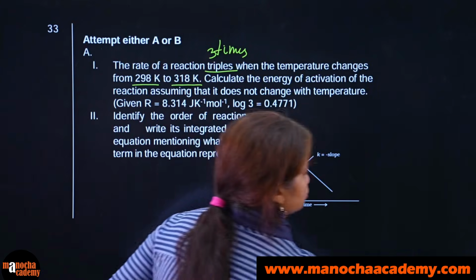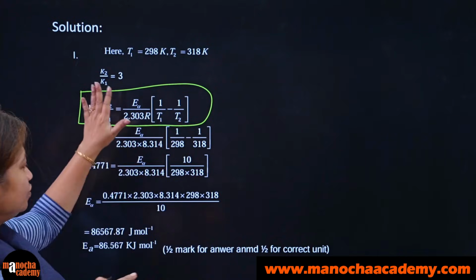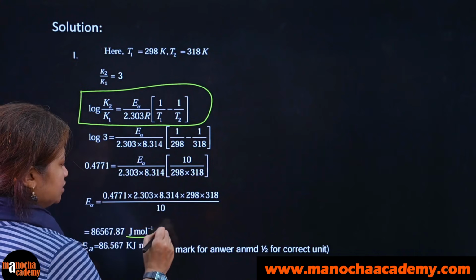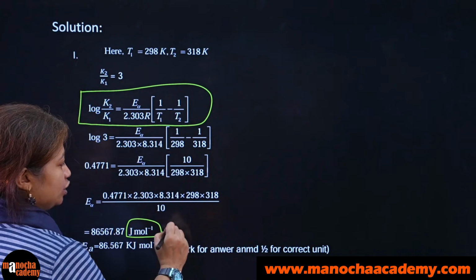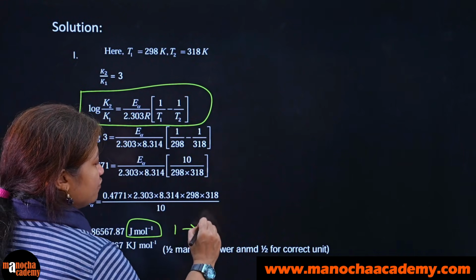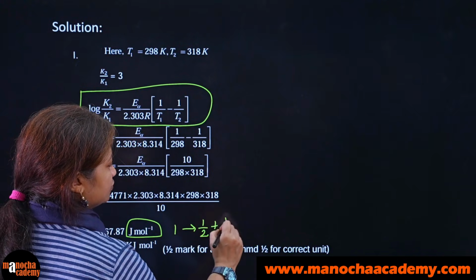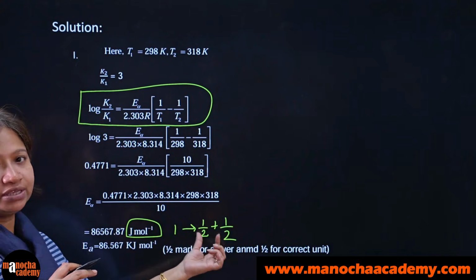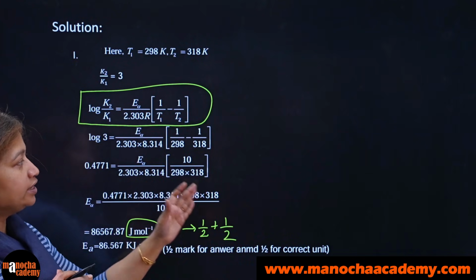So everything is given. You calculate, and don't forget the unit, because for the answer part you have 1 mark, which is half plus half. That means half mark for the answer, half mark for the unit, and the rest of the marking comes here.